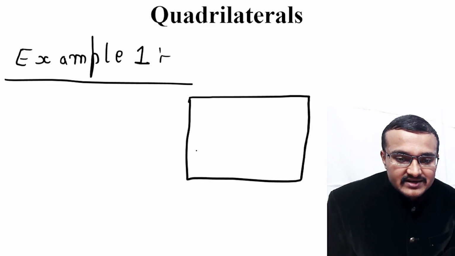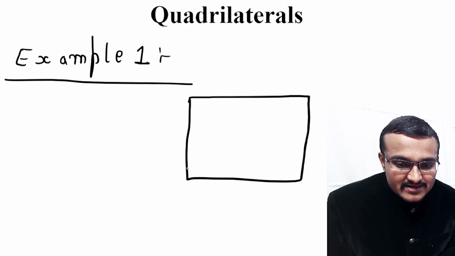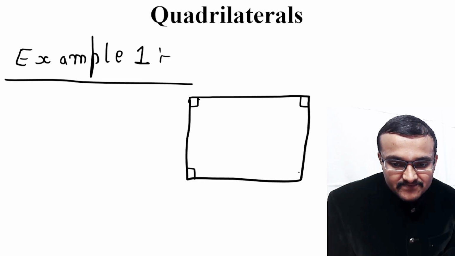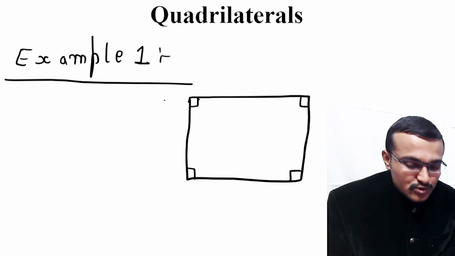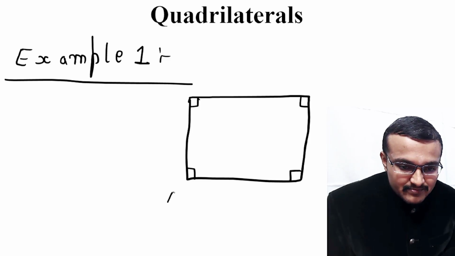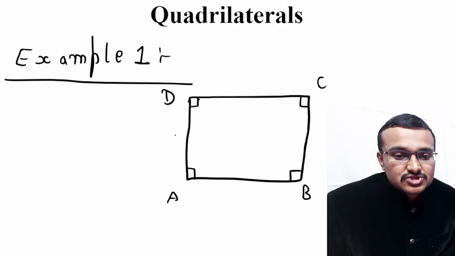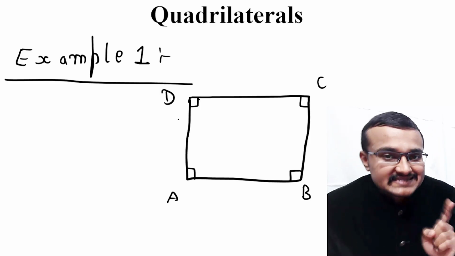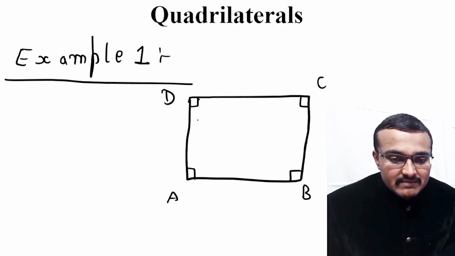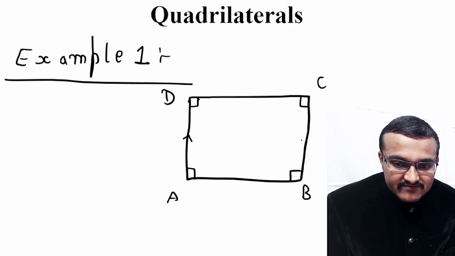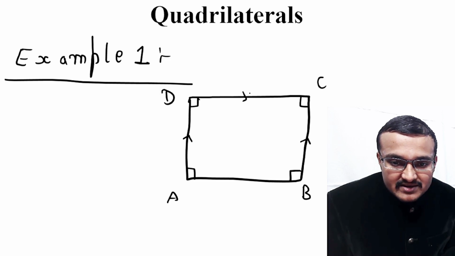In this rectangle, you need to prove that all the angles are equal to 90 degree. This is what you have to prove. Now we will consider a particular rectangle ABCD. Rectangle is also an example of a parallelogram. Remember that. So here AD will be parallel to BC, DC will be parallel to AB.